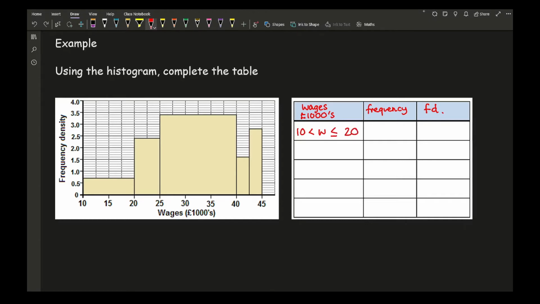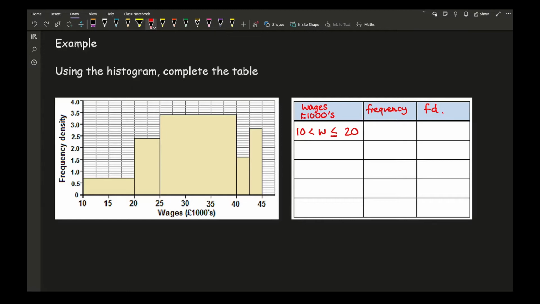Typically the upper bound is the one that can equal, but it doesn't really matter as long as you're grouping 10 to 20. That's all that matters, and by using inequalities, we're not having any overlaps. The letter W is just representative of what the group actually represents, in this case wages. But if you were to write x or whatever letter, you shouldn't really be losing any marks.